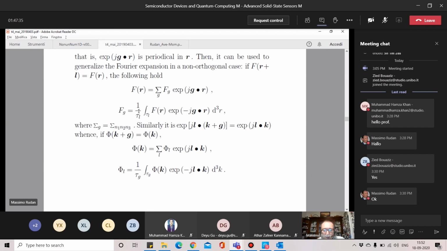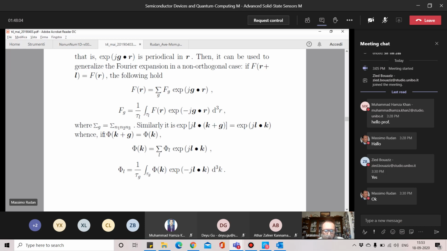By the same construction as above, you demonstrate that the exponential of jL dot k is periodic with respect to k. This means that if we add to k any translational vector g of the reciprocal scaled lattice, this exponential does not change.